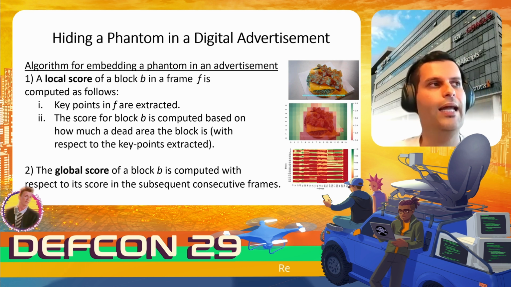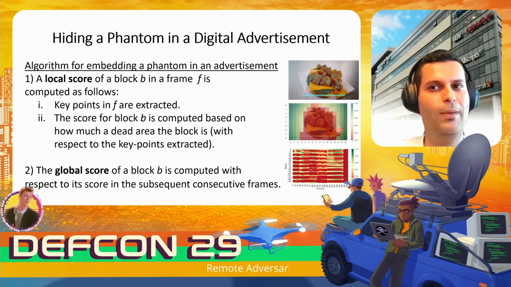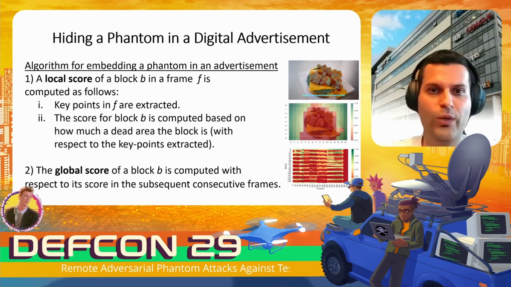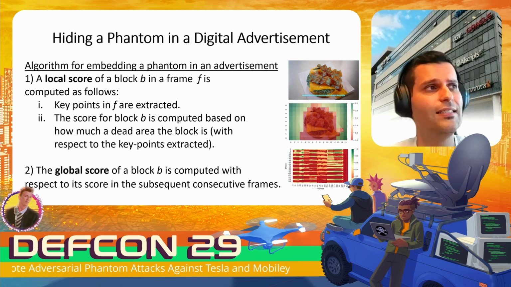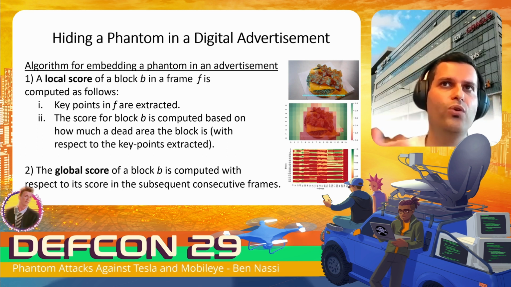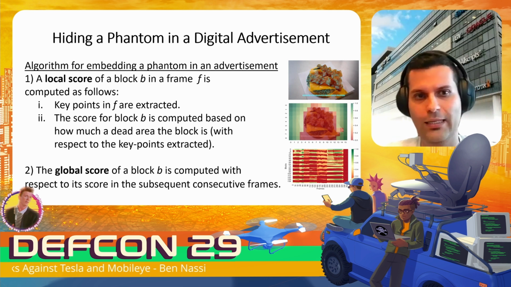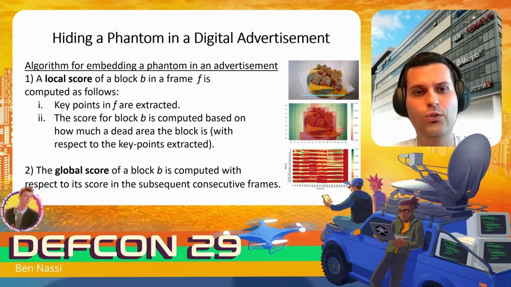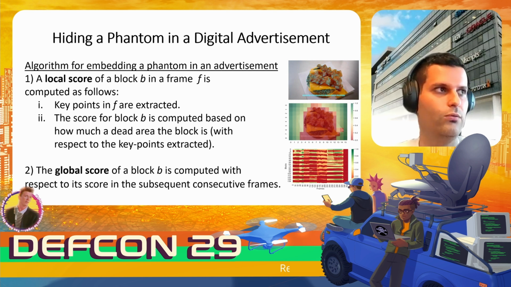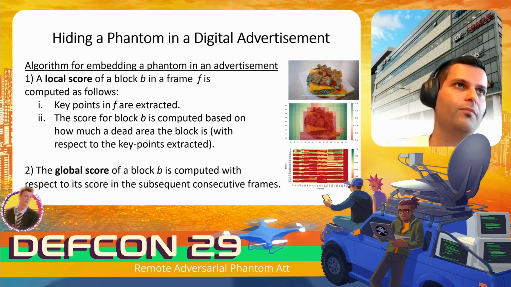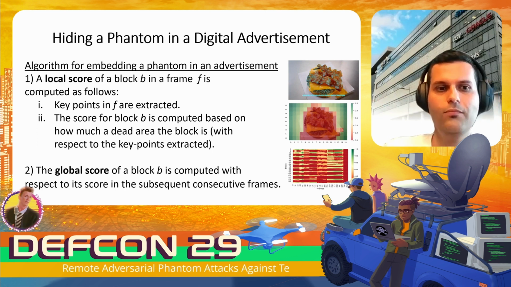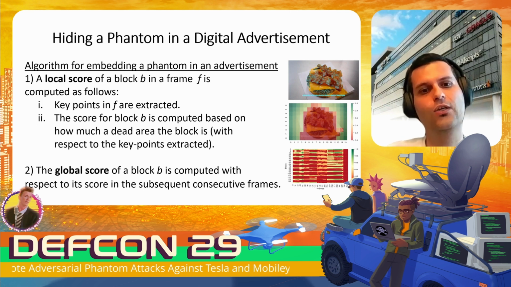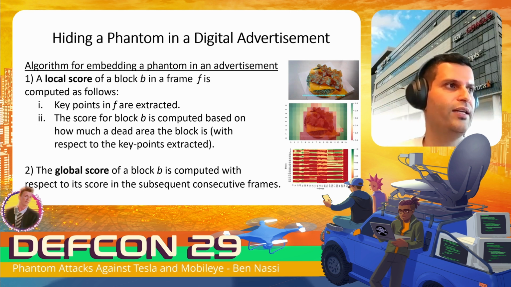Now, however, I discussed before about an appearance threshold that, for example, in the case of Mobileye, needs to be 125 milliseconds. Now, this may correspond to a few consecutive frames, maybe even 4 frames. So we need to take the time domain into account. And in order to do so, we compute a global score for each block by computing its score with respect to the scores in the subsequent consecutive frames.